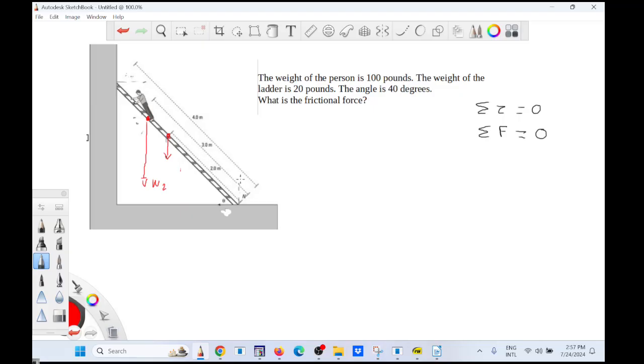And then you have the normal force, right? So normal force always goes from the ground to the system, and it has to be perpendicular to the ground, because normal means perpendicular. So I'm going to call that N sub 2. So it doesn't slide.